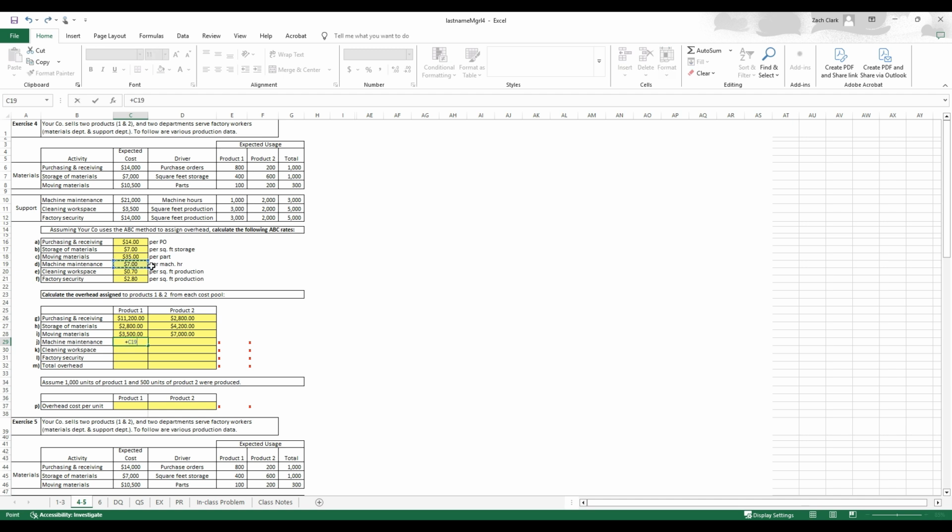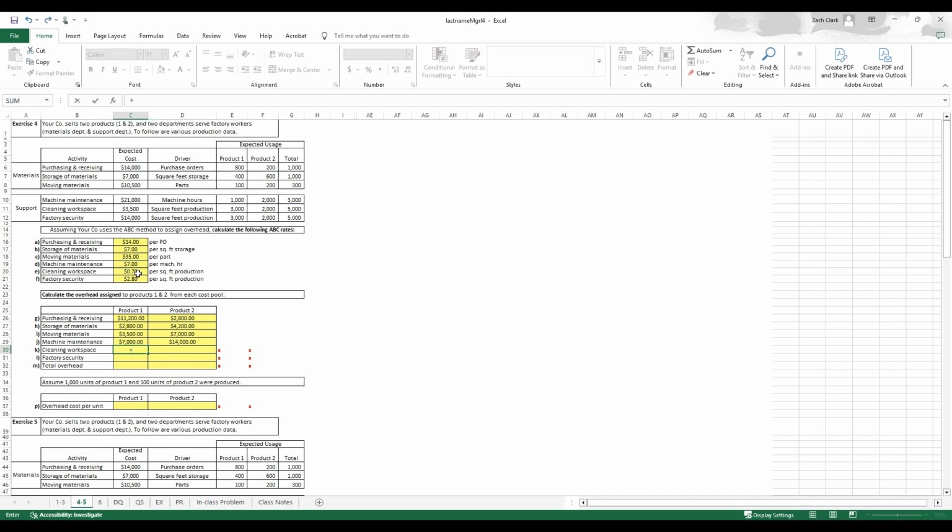Machine maintenance, we've got $7 per machine hour, and 1,000 here for product 1. Excuse me. Okay, let's see here. So 7,000 total there. So $7 per machine hour, and we got 2,000 hours.